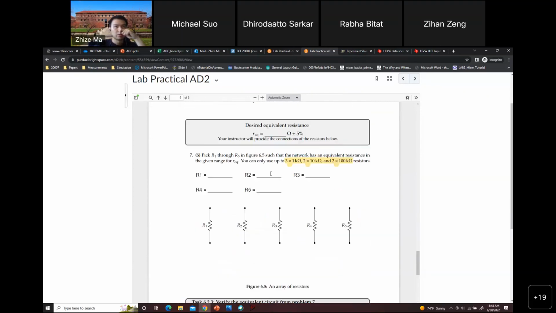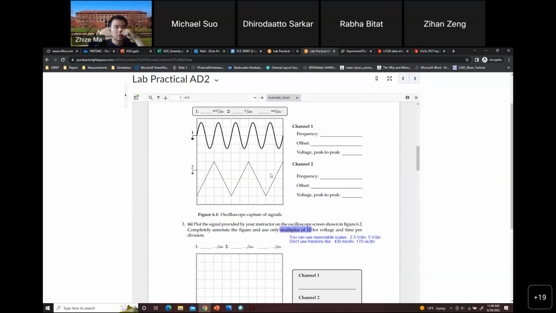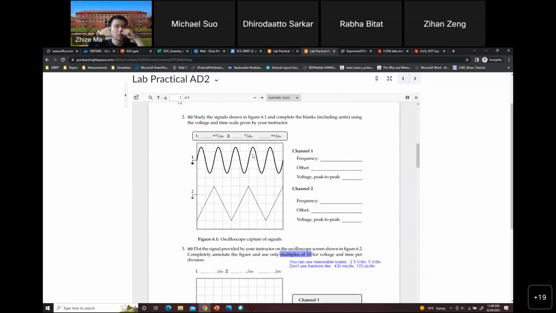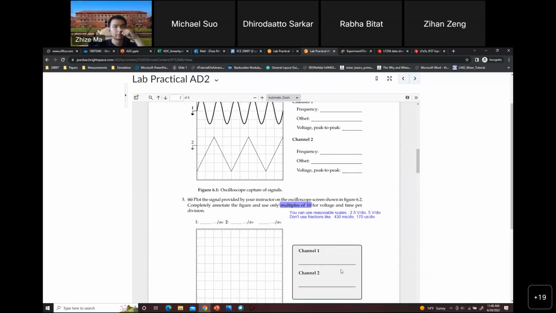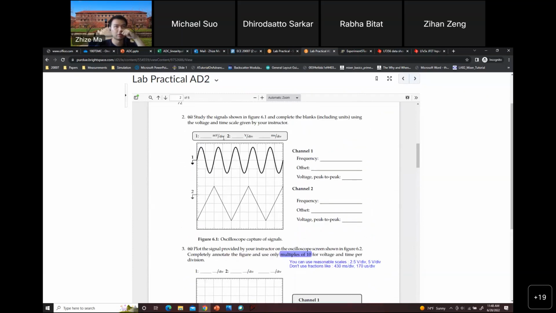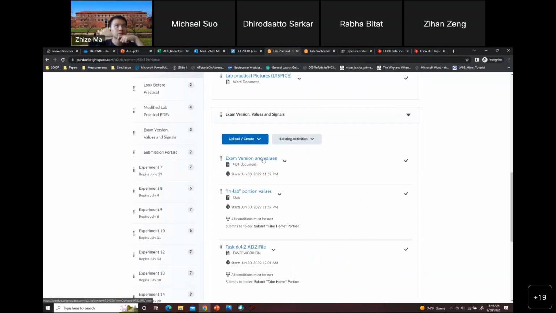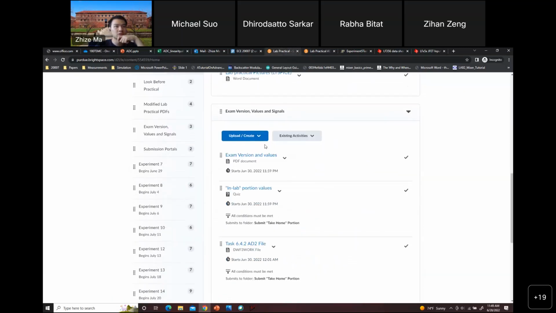All right. So first of all, each student has different values for those values right here, in the green box, so you need a value given by us. I will post the value you need on Brightspace.